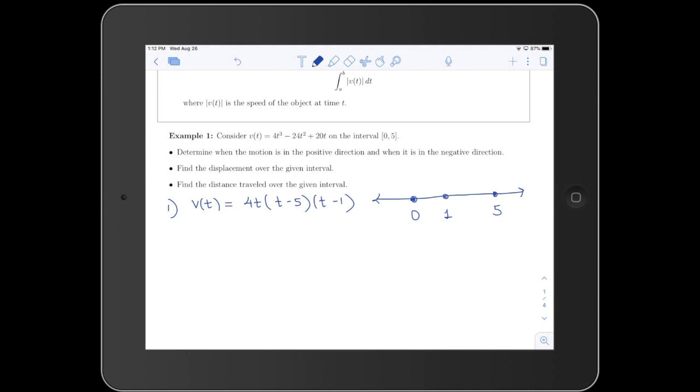we need to determine where this motion is in a positive direction and when it is in the negative direction. Okay, so what do we do here? We need to see where this function is positive and where it's negative. So we could just use sample points from these intervals to determine the behavior of the function.